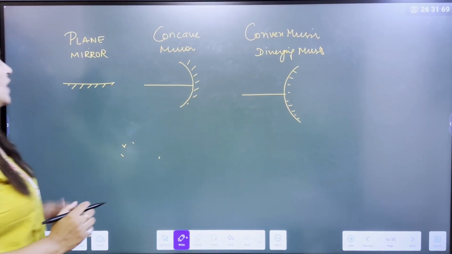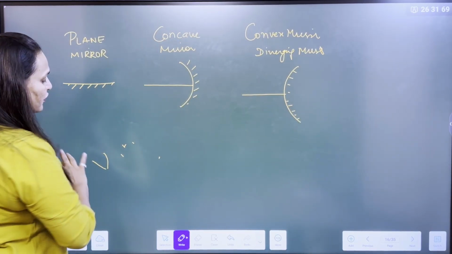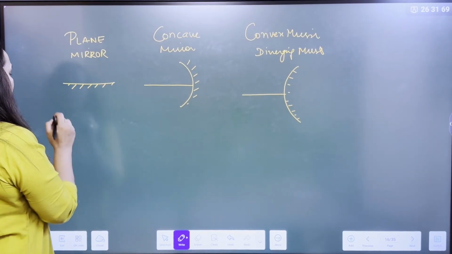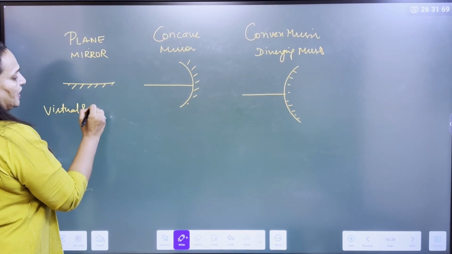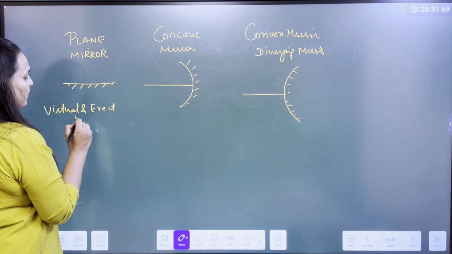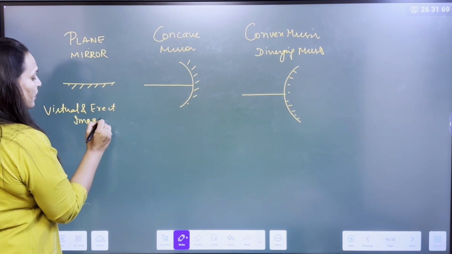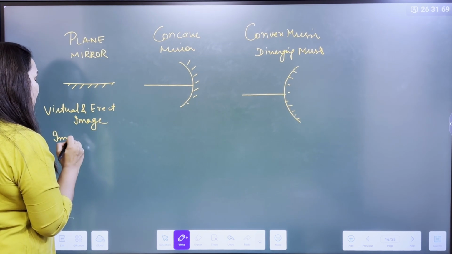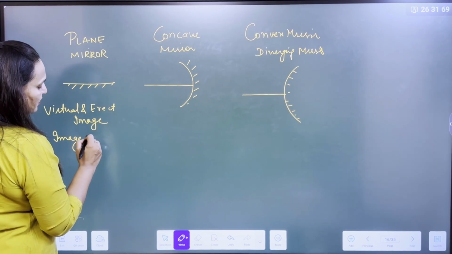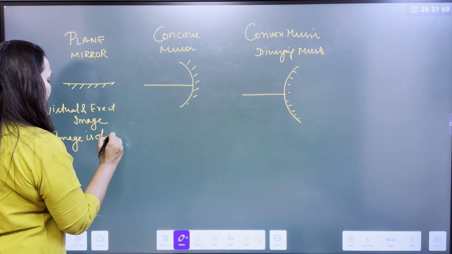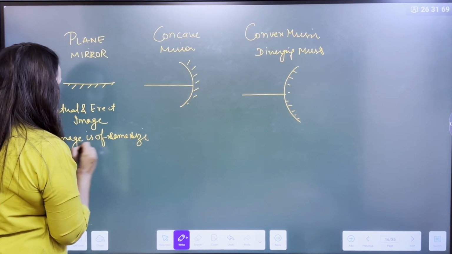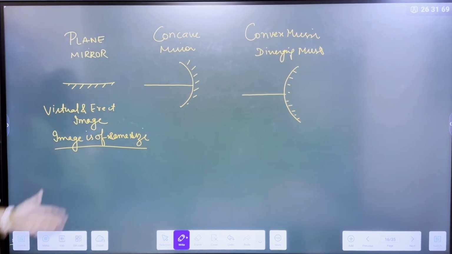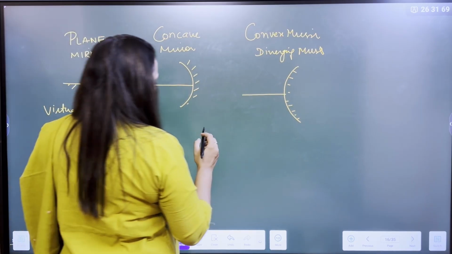Plane mirror forms a virtual and erect image. Okay, but what is the characteristic of the image? The image is of same size, right?